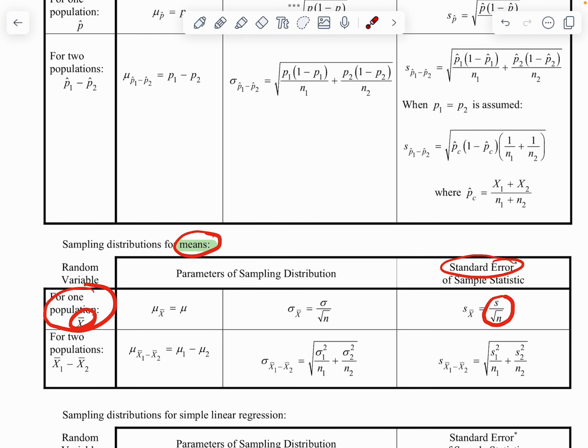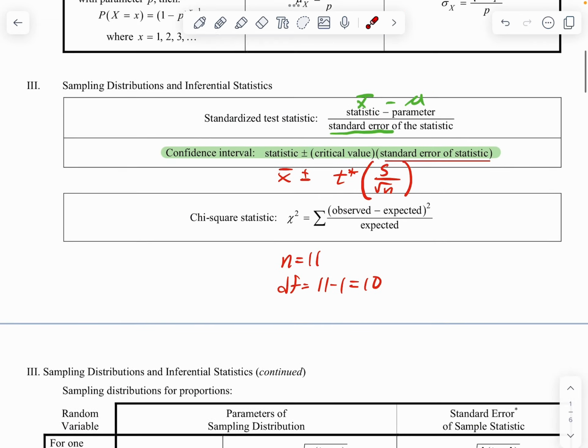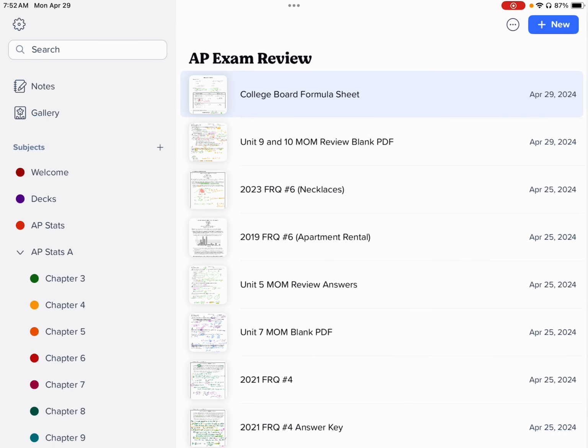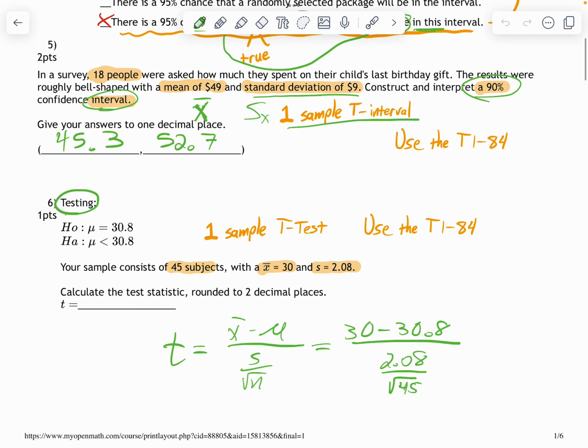It's a single population x bar, single population mean. And here's the standard error one more time. So the standard error, this denominator is s of x divided by root n, which is what I just did right here.